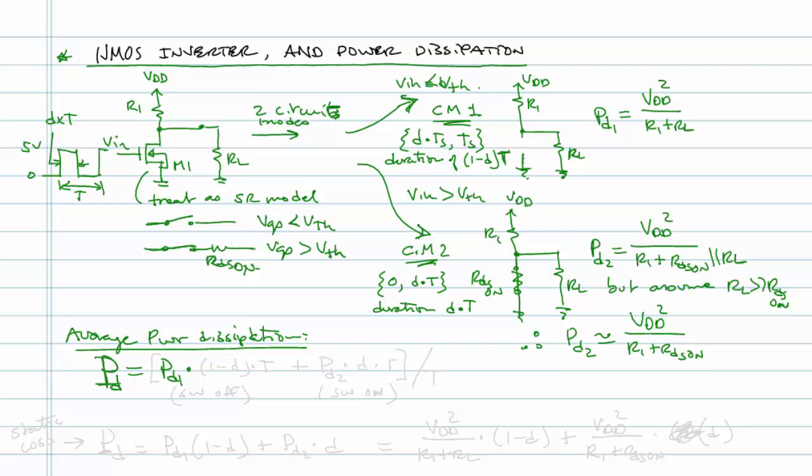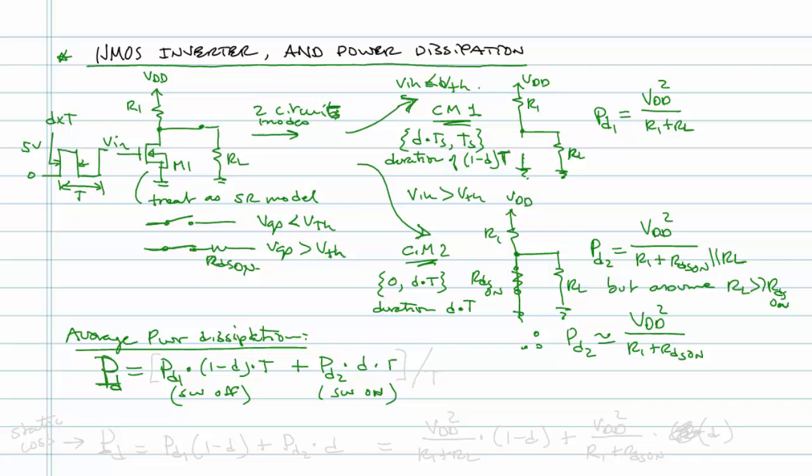And we're in circuit mode 1 for the time 1 minus D times T, and we're in circuit mode 2 for a duration of D times T. This is when the switch is off, and this is when the switch is on.